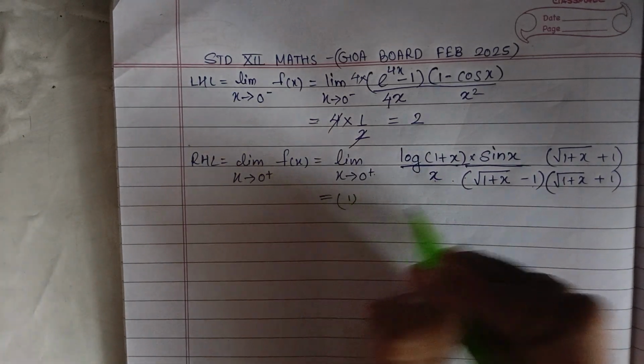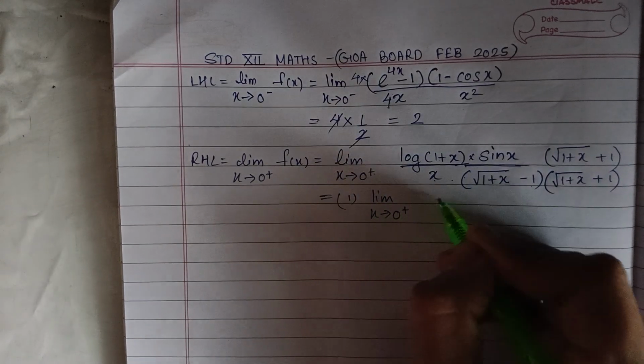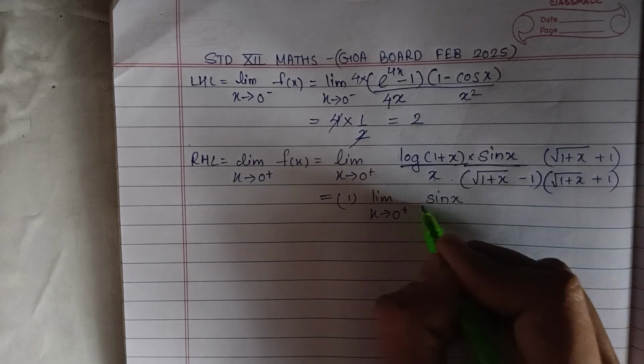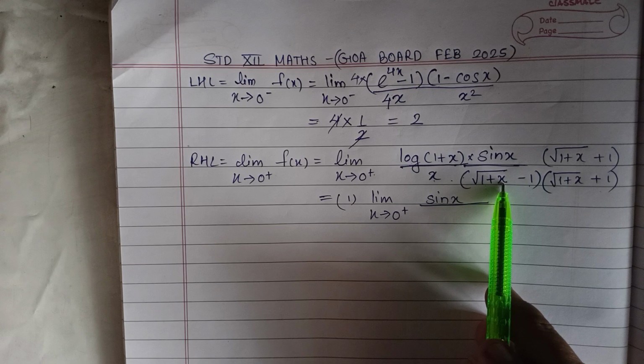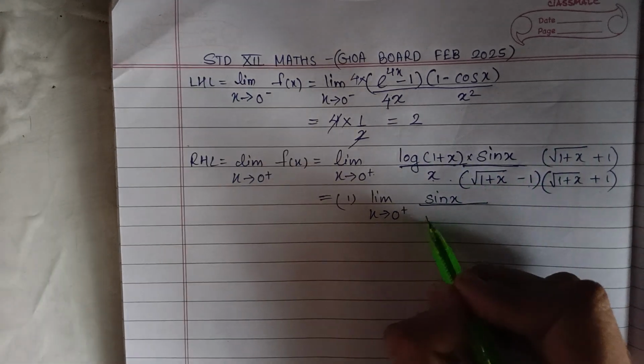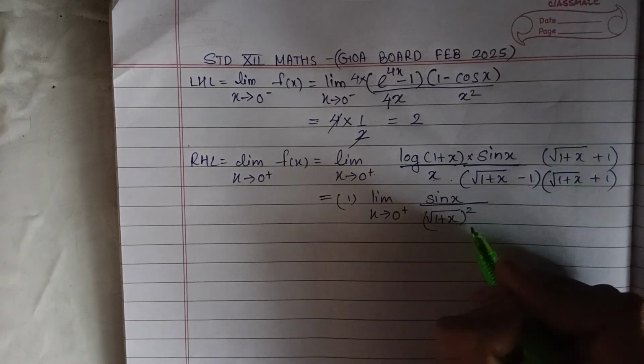What about sine x? If you solve this, you will get 1 plus x the whole square, that is root, we'll write here a minus b, a plus b, correct?